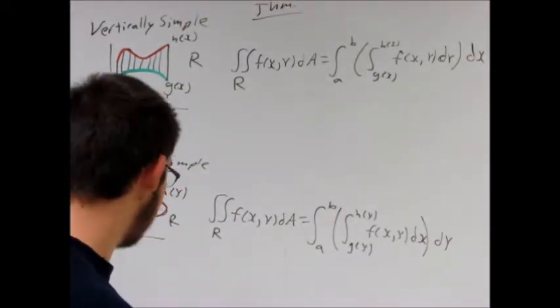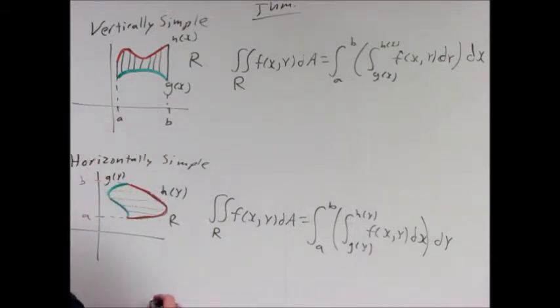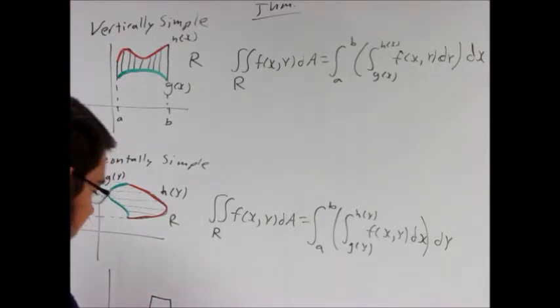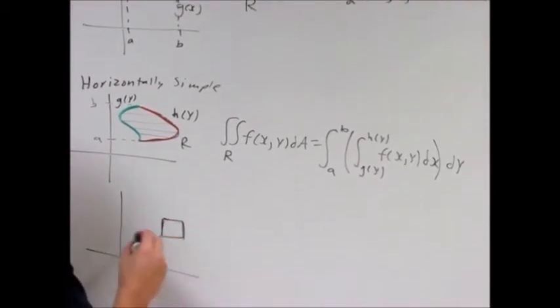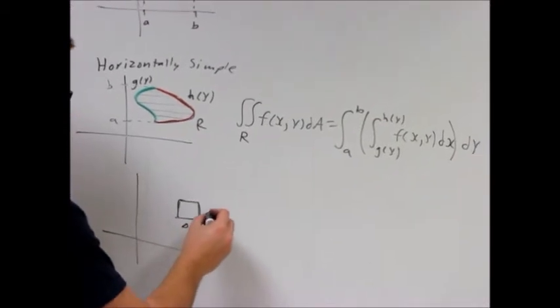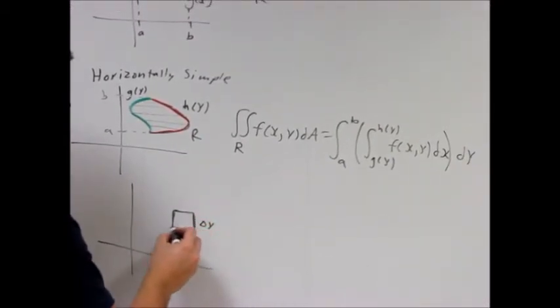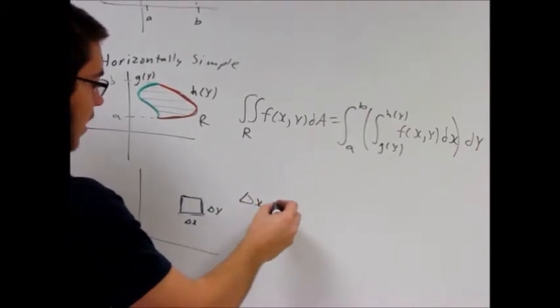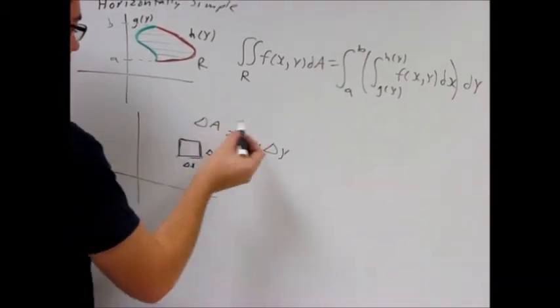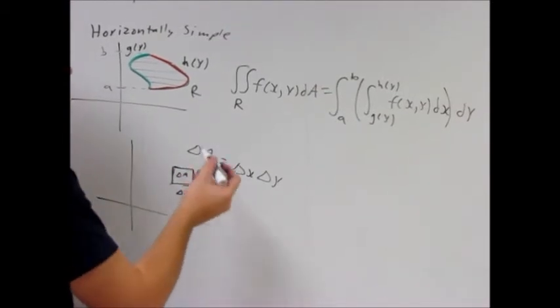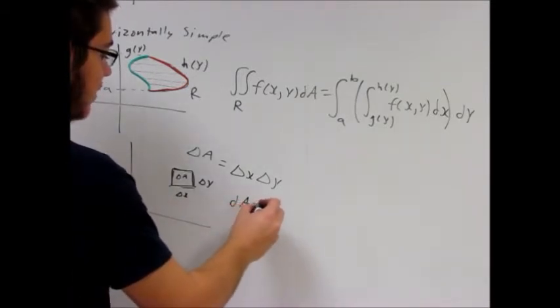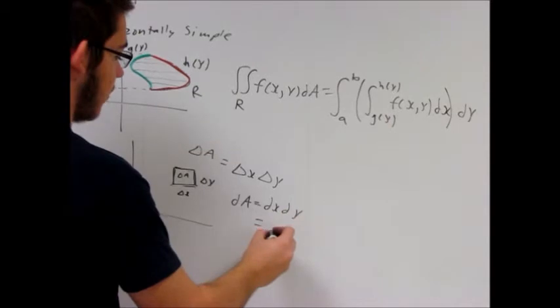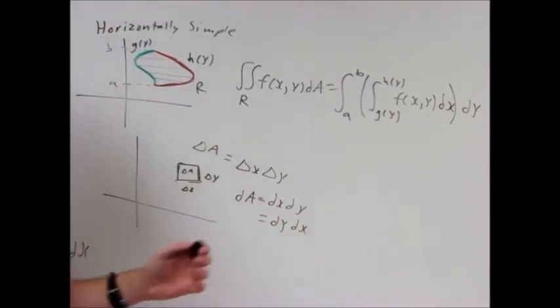And you can understand dx dy and dy dx as coming from the idea that if you slice the area into little rectangular parts, delta x and delta y, you multiply delta x times delta y, and the area of the rectangle will be delta A. And of course, in the limiting case, dA equals dx dy, or dy dx, same thing.